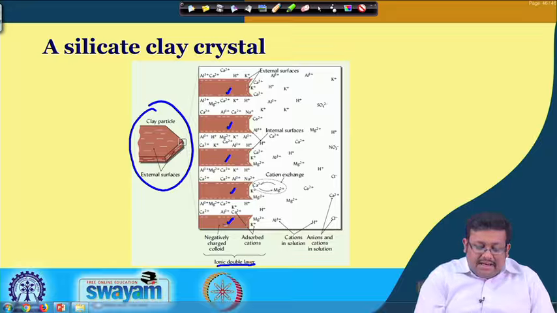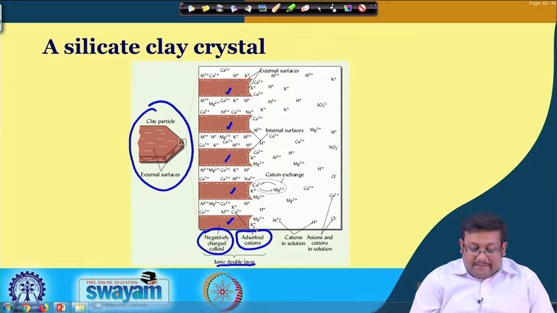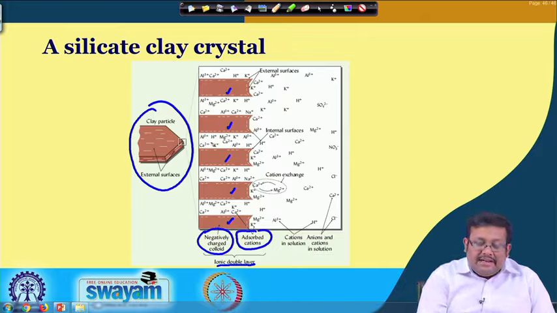So, basically a negatively charged colloid, when it is surrounded by different adsorbed cations, then it forms the ionic double layer. Not only that, there are two types of surfaces, external surfaces and internal surfaces. Obviously, in between two layers you will see the internal surfaces.